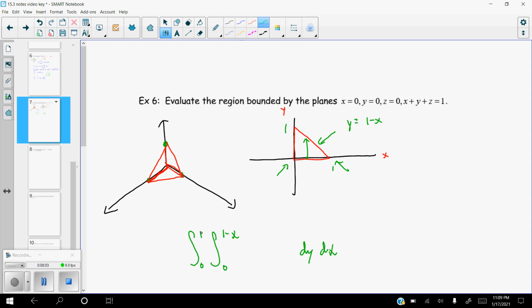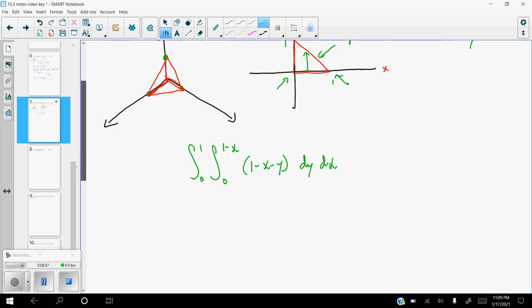All right, so the only other thing we need to do is this thing has to be solved for z, because it's got to be a function of x, y. So we just need to subtract x and subtract y on both sides. So we're going to get z equals 1 minus x minus y. So that's going to be what we're going to take the antiderivative of, 1 minus x minus y.